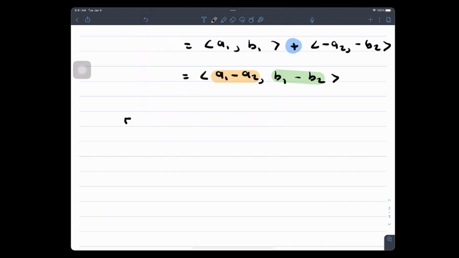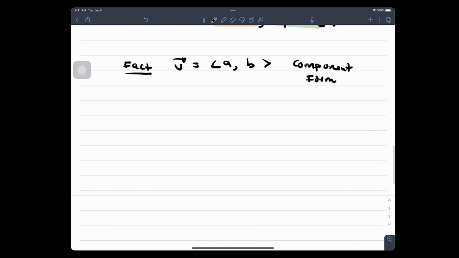So yesterday, I left you guys with the I and J vectors. I can define vector AB this way. This is component form. And so that vector AB can be written as AI plus BJ.